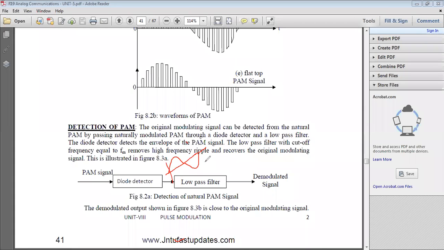Since it is a low frequency signal, once again if we pass it through the low pass filter, any high frequency components that are present are rejected by the low pass filter. At the output we get only our original message signal. That is called a demodulated PAM signal.